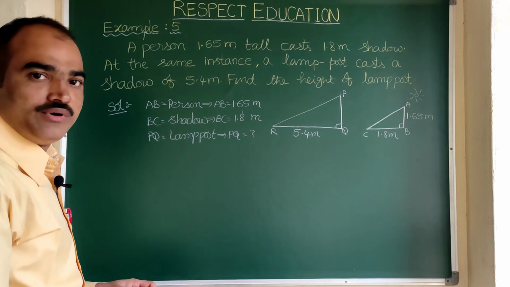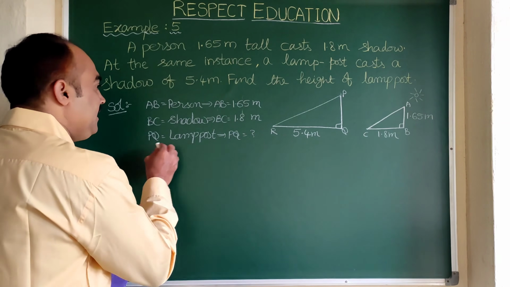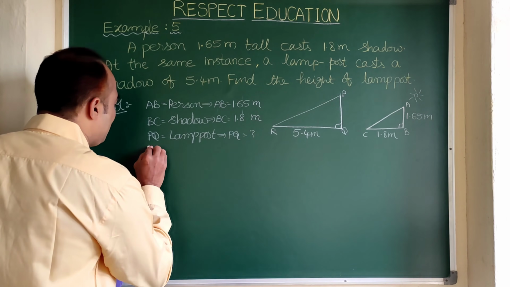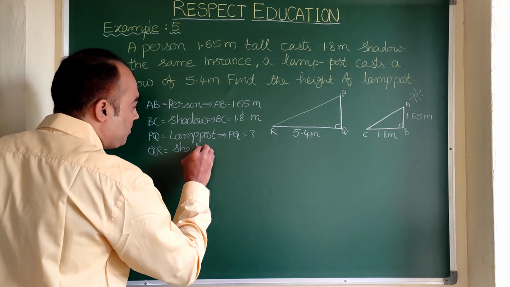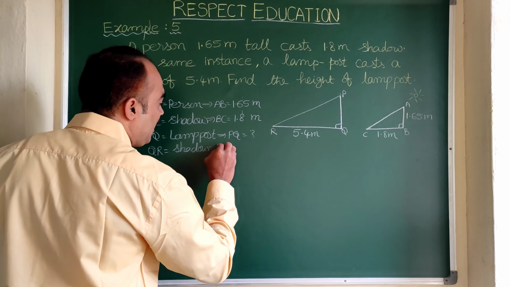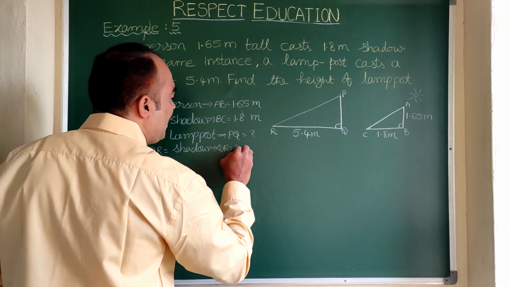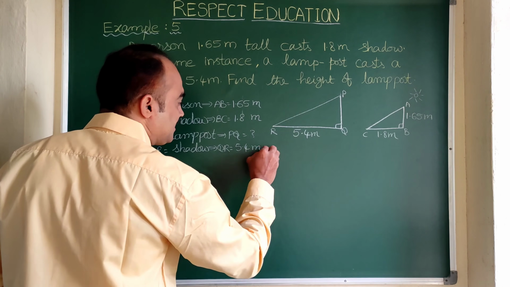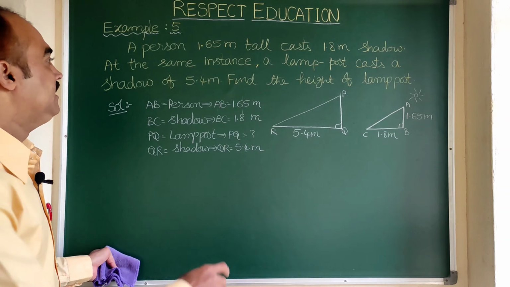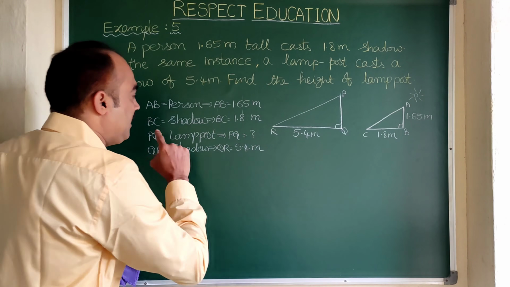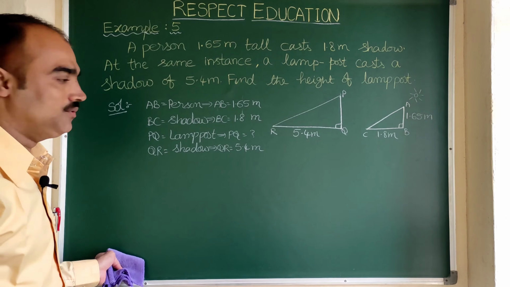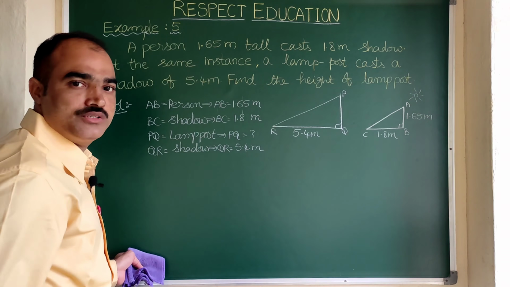That is what we need to find now. And here QR is its shadow. QR is the shadow of the lamp post. QR is given as 5.4 meters. Right. This is the given data, and this is what we need to find. So we need to find here PQ, that is the height of the lamp post.